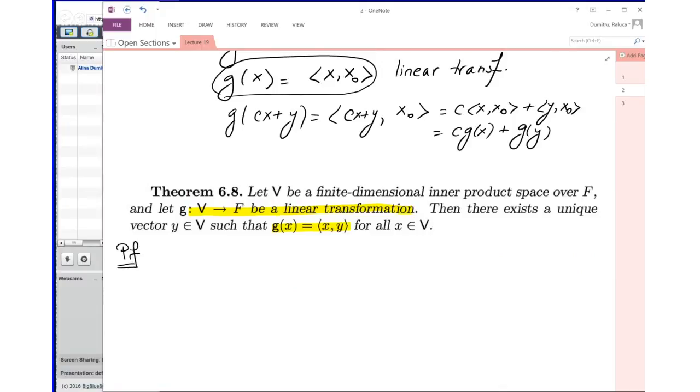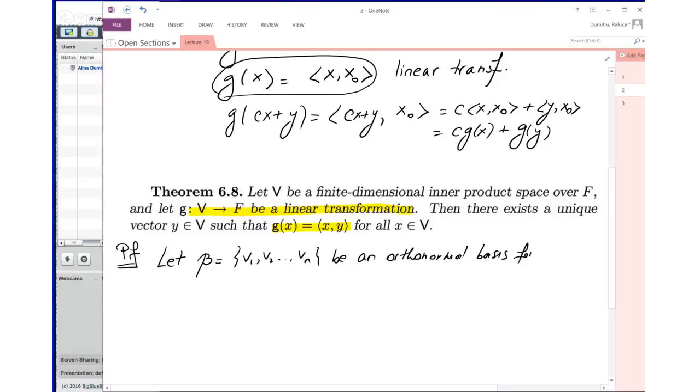V is a finite dimensional inner product space, so it has an orthonormal basis beta. We must show that there exists a unique vector y. Uniqueness we'll deal with at the end; we'll deal first with existence.